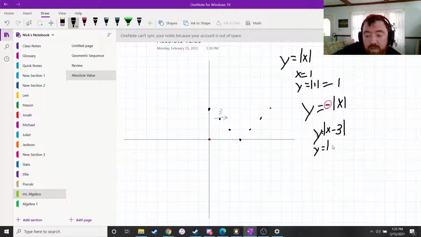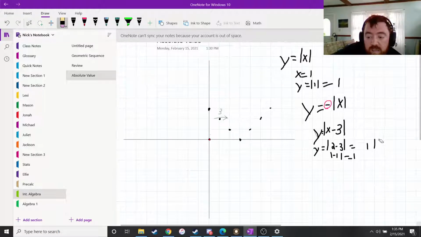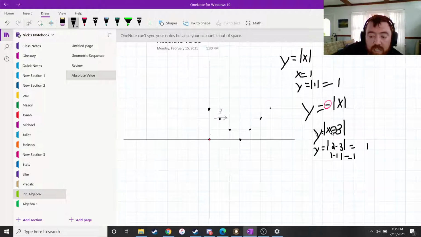That means I'm going to have the absolute value of 2 minus 3, which is going to equal the absolute value of -1, because 2 minus 3 is -1. The absolute value of -1 equals 1. So you're going to be moving things in the opposite direction of the sign that's there. Alright, so that's that one.